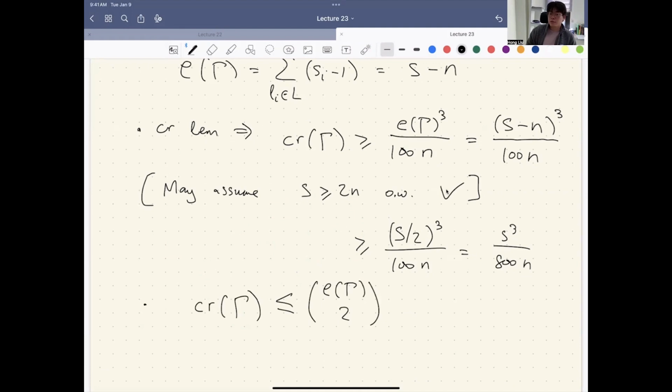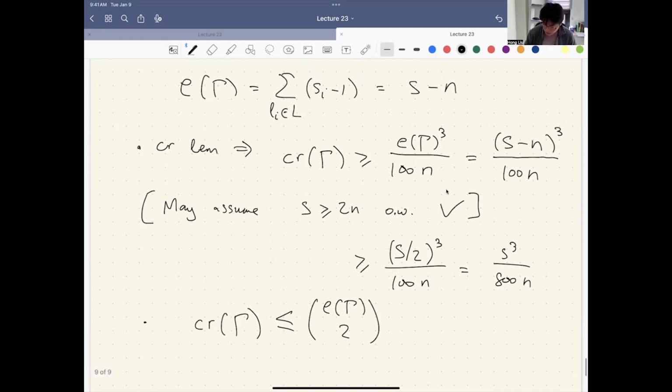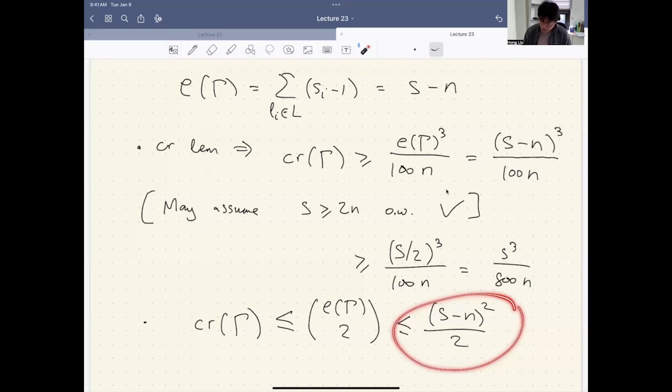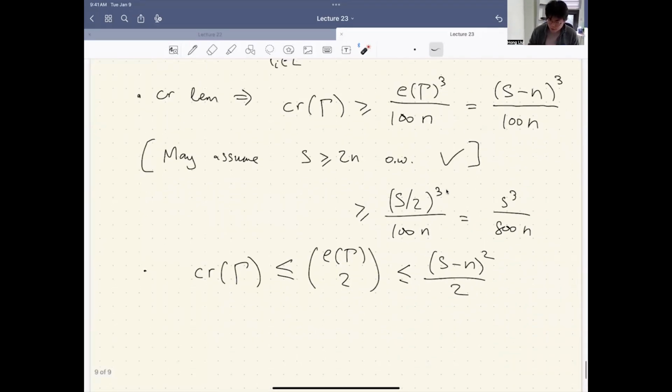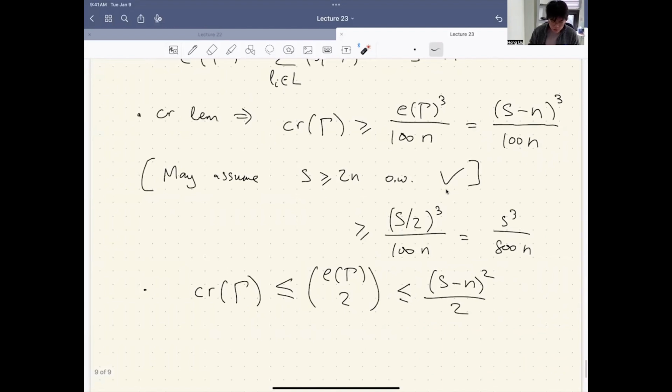Every crossing is caused by two edges. So this is at most (S minus n) squared over 2. Now you put these two bounds together, I think we are done. Actually, maybe I did the simplification too soon. Wait.